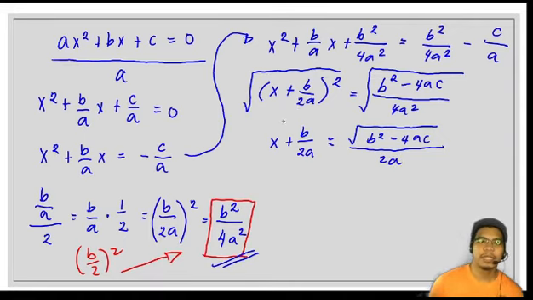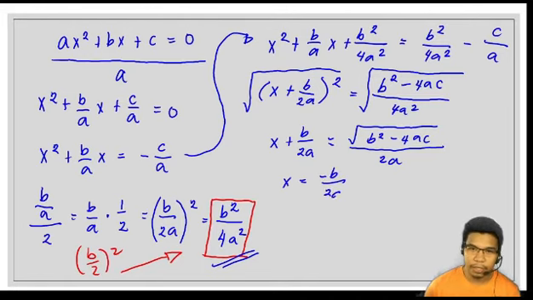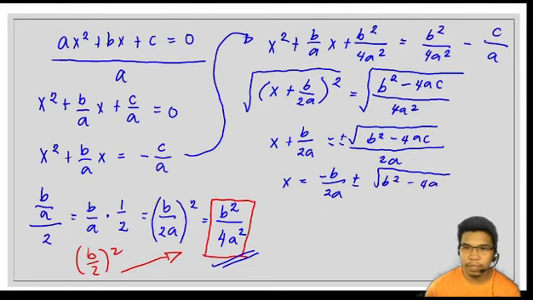After that, lipat lang natin tong b over 2a. So, magiging x equal to, lagay lang natin dito sa unahan, magiging negative b over 2a na siya. So, dahil square root yan, tandaan nyo may plus and minus yan. So, that is plus and minus square root of b squared minus 4ac over 2a.